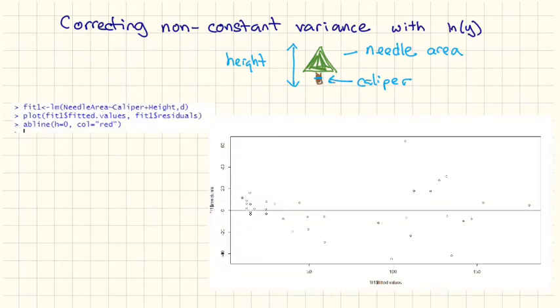So I've just fit an ordinary linear model here with caliper and height and needle area as my outcome. You can see that when I plot the residuals against the fitted values, there's non-constant variance. At the beginning, the variance around those points looks pretty small, and then it starts to get bigger, and it gets real big towards the end.